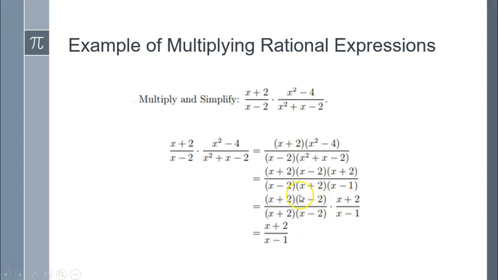And down here, I have an x plus 2 between two multiplications that we don't write the symbol for, it's implied when factors are written in parentheses. So this x plus 2 over this x plus 2 will give me a 1. This x minus 2 over this x minus 2 will give me a 1, and I wrote that out here. You don't have to write that step, but x plus 2 over x minus 1 will be what's left.